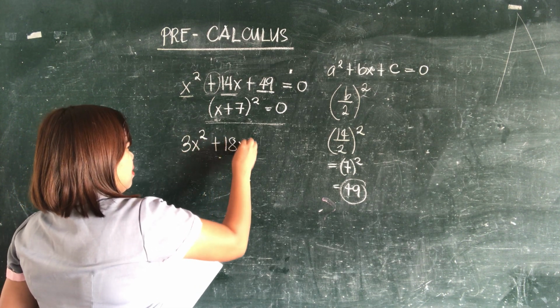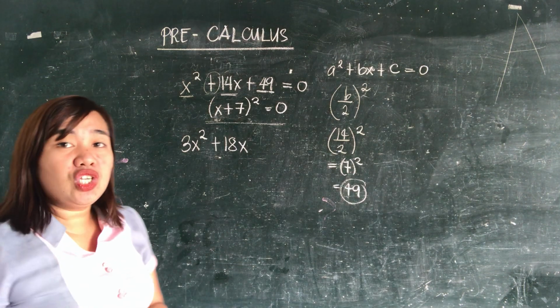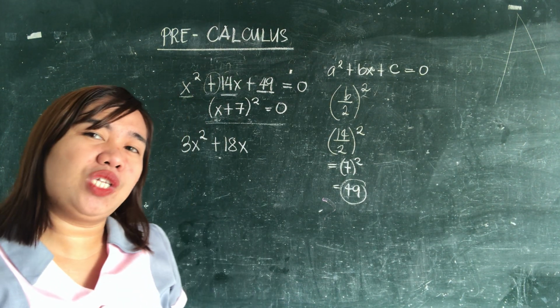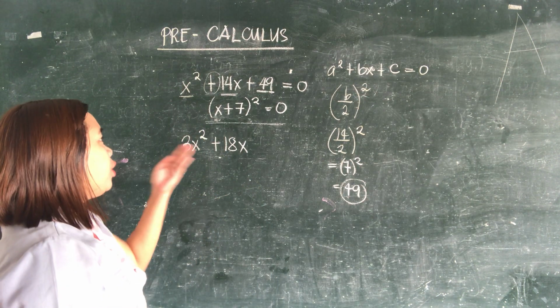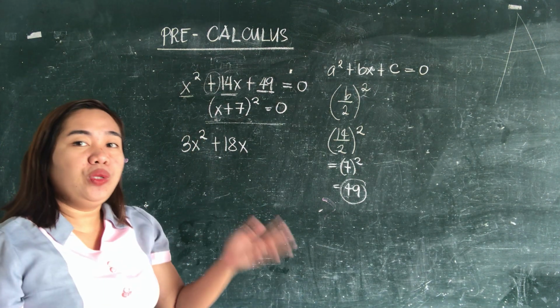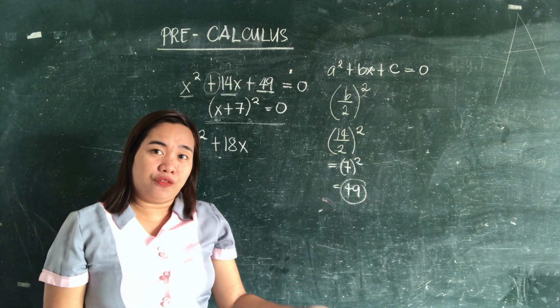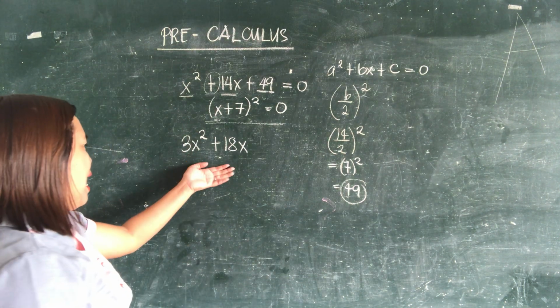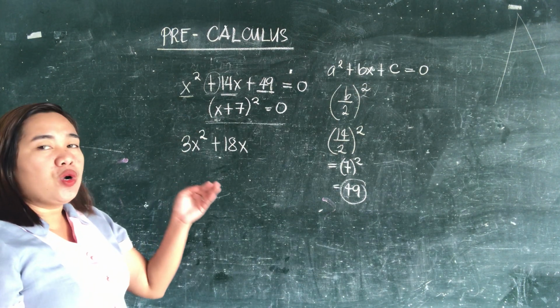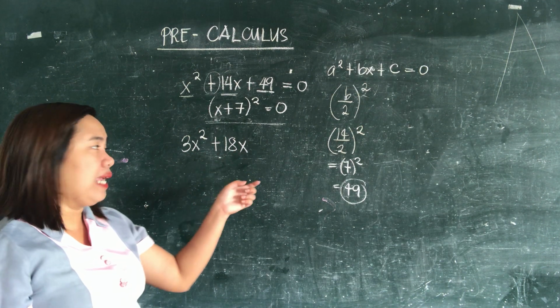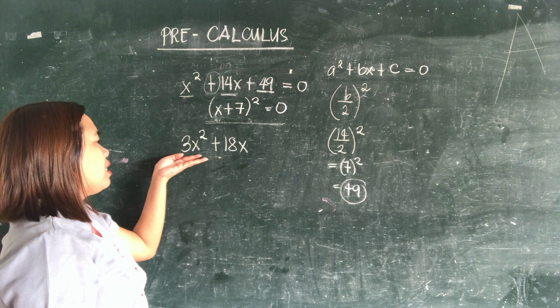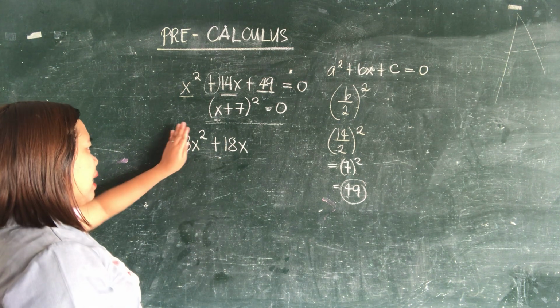Next, to complete the square, let's say for example, we have naman ngayon 3x squared plus 18x. So ngayon, hindi siya 1 ang coefficient ng ating x squared. So first, before you complete the square, you need to factor it out first. So to factor this out, kunin lang kung ano yung common sa both terms, 3x squared at saka 18x. Ano yung common sa 3x squared at saka sa 18x? So that's 3.